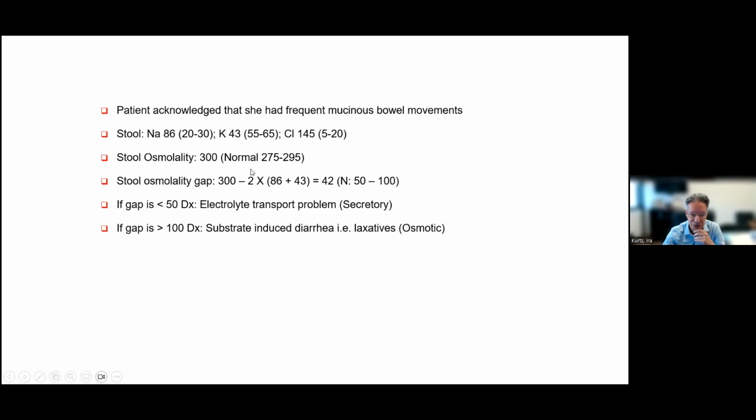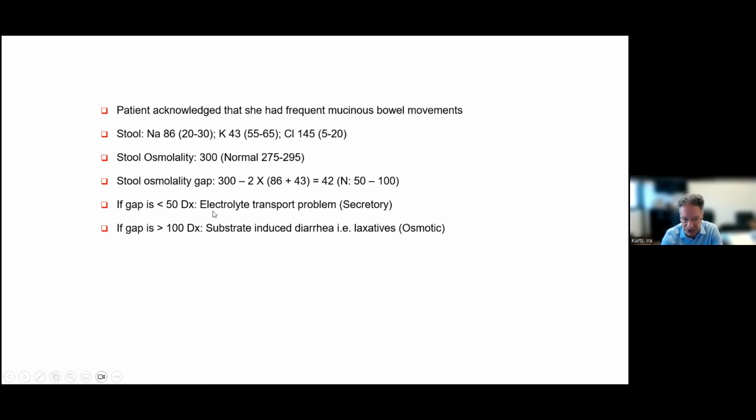The osmolality was normal. We calculate a stool anion gap, and that's something you should get used to doing also, by taking 2 times the sodium plus the potassium, minus the osmolality, and you end up with 42, and that's a bit low. The normal is 50 to 100. And the thinking is, if the stool osmolar gap is less than 50, then you have diarrhea from an electrolyte transport problem.